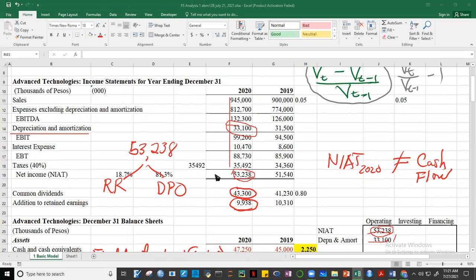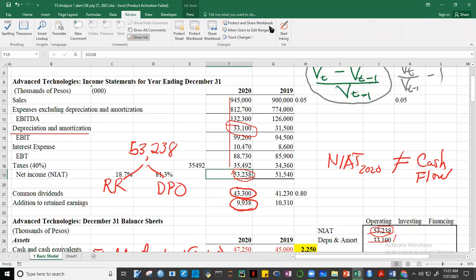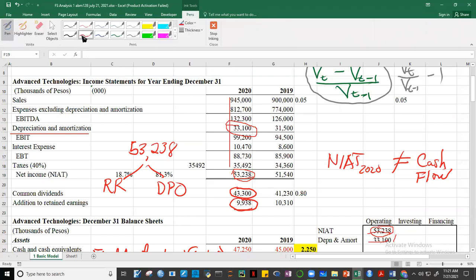Di ba ito yung kinuha natin, yung net income after tax. Di ba? We got this. But the question, class, is how did we arrive at the net income after tax? Paano ba natin nakuha yan? Di ba it came from the top? Nag-sales muna, tapos nagbawas ng expenses, binawas yung depreciation and amortization, binawas yung interest expense, binawas yung taxes, no?